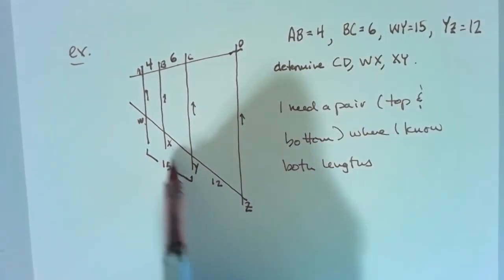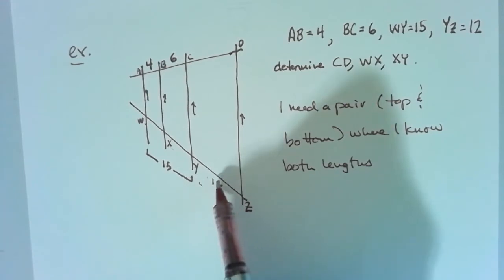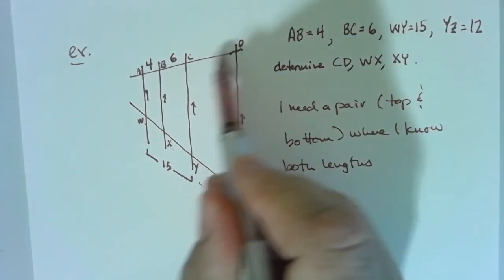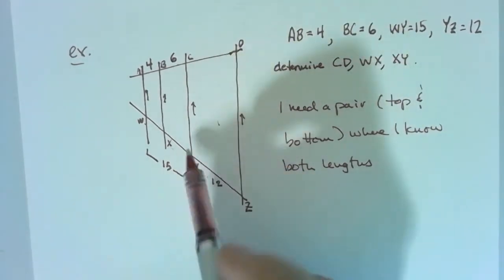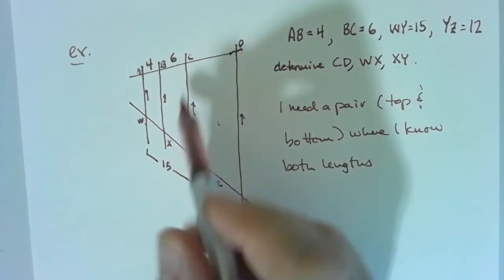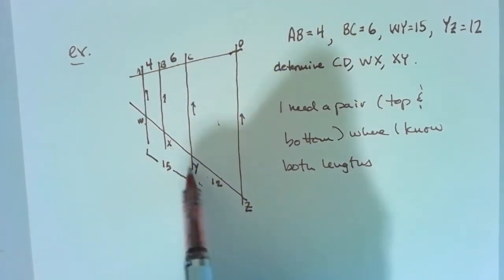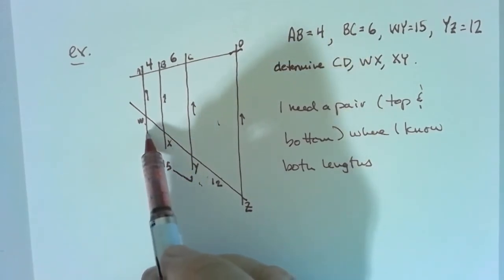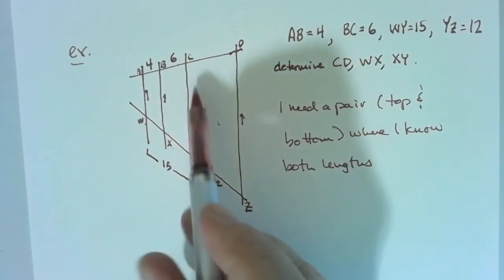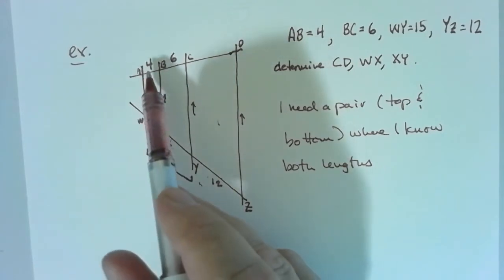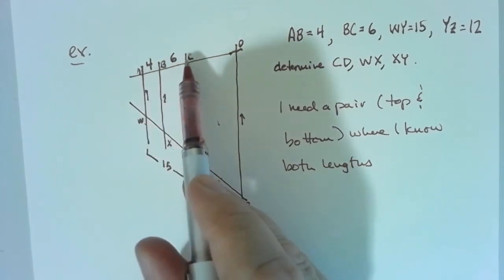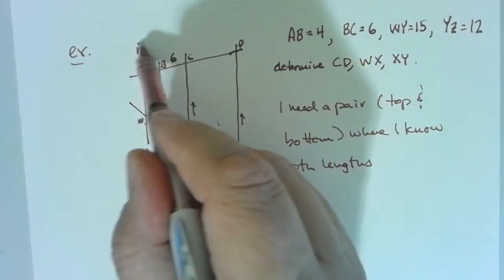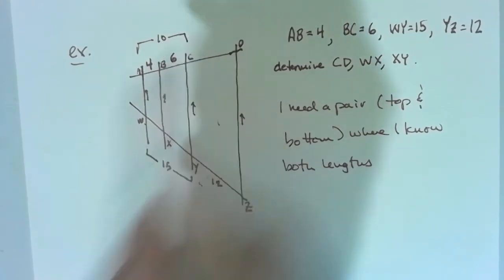And I only have 2 lengths down here at the bottom. I have 12, but I don't know the value here for CD. And I have 15. But I do know what this is up here that corresponds with the 15. 15 goes from W to Y, and if I follow the parallels up, it lands on A to C, and A to C is 10.